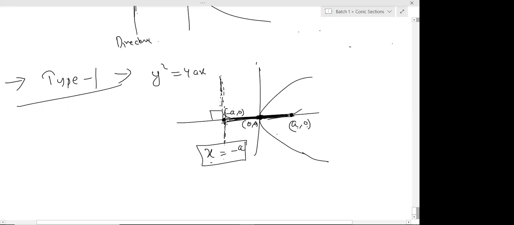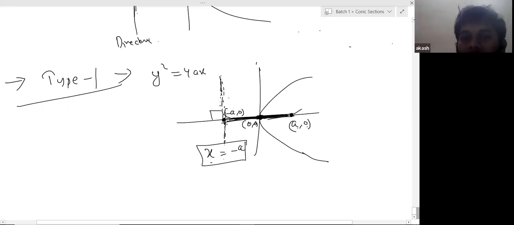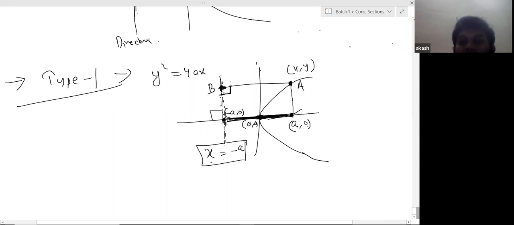All right, so let's try to find the equation of this. Suppose this is x comma y. I have to find this distance, and this is perpendicular. Gautam, if this is A and this is B, can you tell me the coordinates of B?